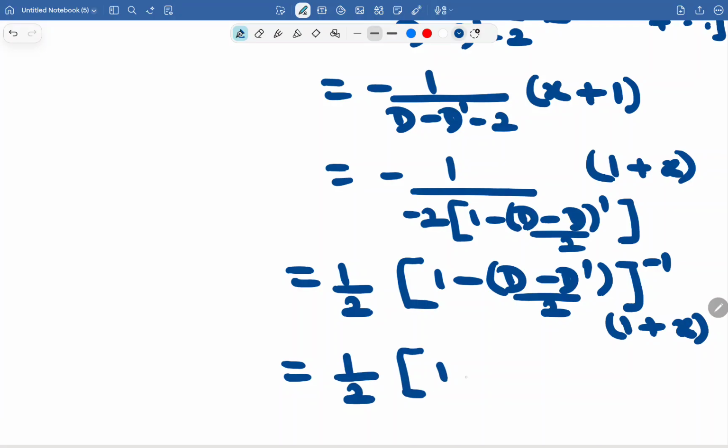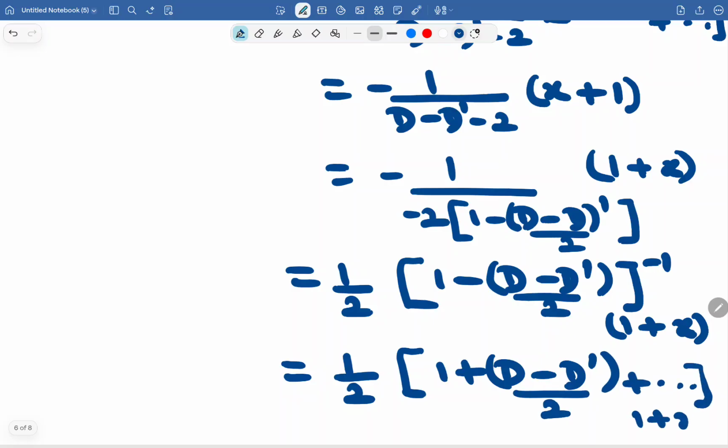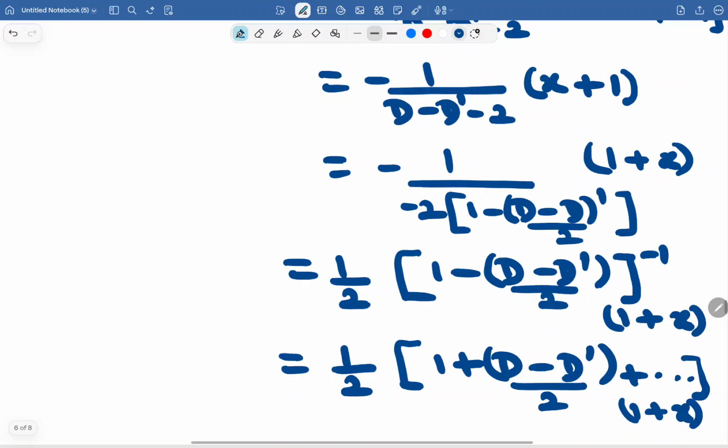Again use the same formula, [1 − x]^(−1) = 1 + x + x². It becomes 1/2 (1 + (D − D')/2 + ...) into (1 + x).